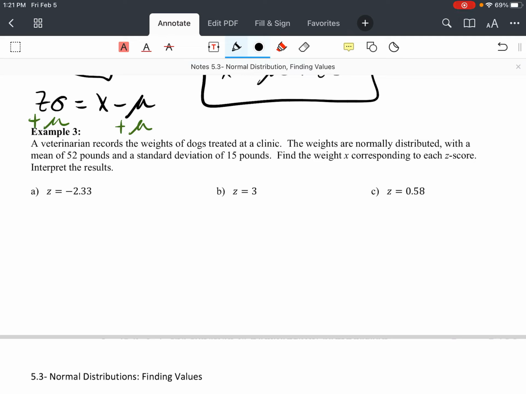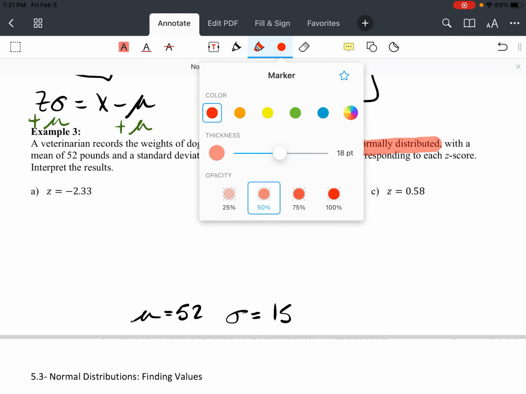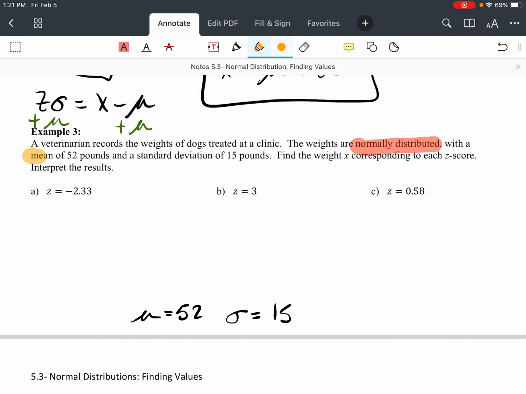It says a veterinarian records the weight of dogs treated at a clinic. The weights are normally distributed. Again, this is one of those keywords you absolutely have to be looking for here, normally distributed. So the mean is 52 pounds, and the standard deviation is 15 pounds.